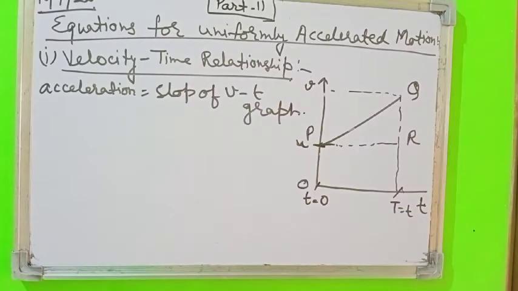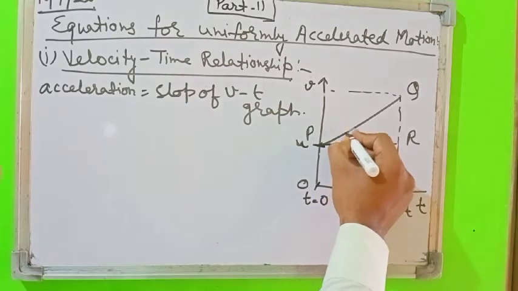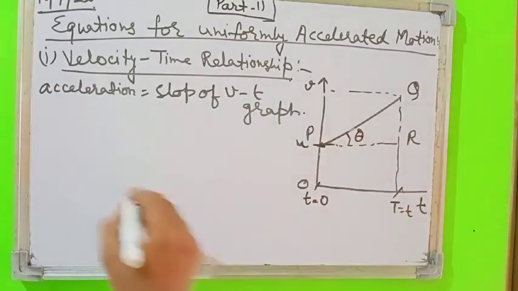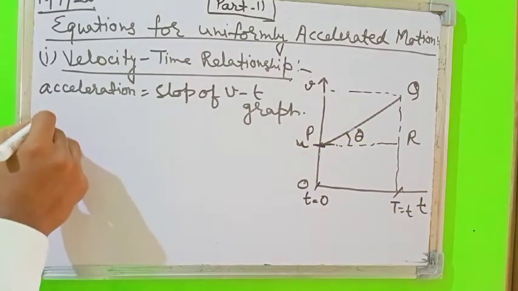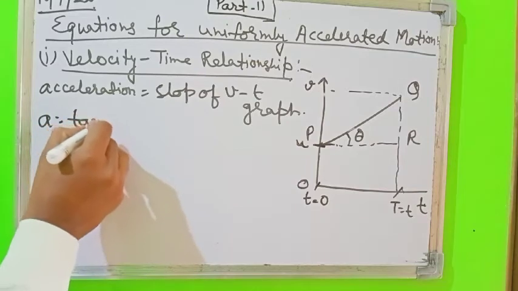The slope of the velocity time graph can be given by this angle theta. So acceleration is equal to tan of angle theta.